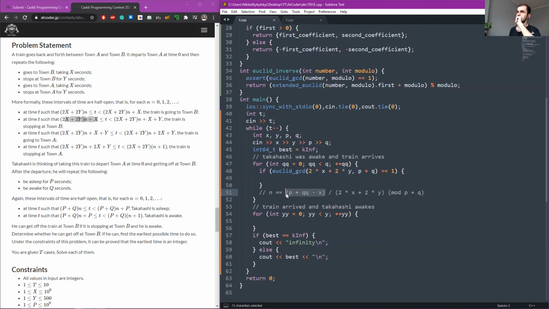Like if this is also divisible, wow, that's hard. I don't know numbers here, I'm sorry. What is a legitimate way of finding the inverse? Well, of solving, we want to solve the equation.